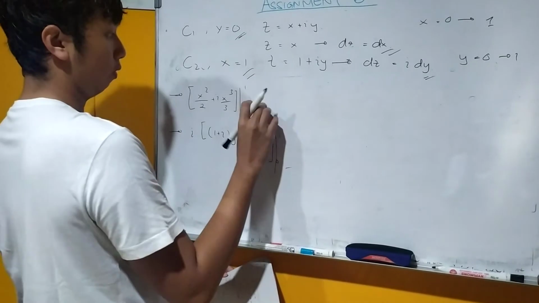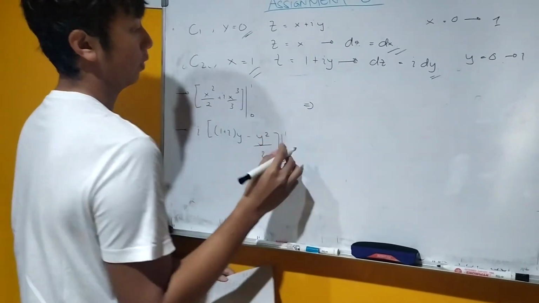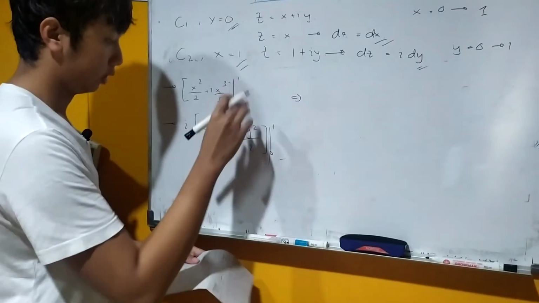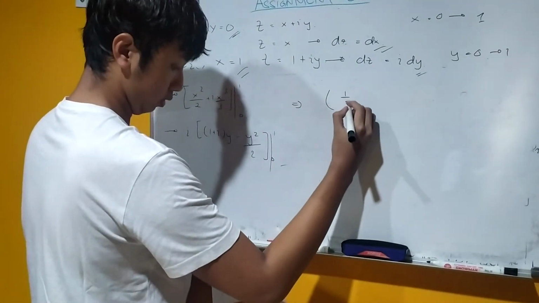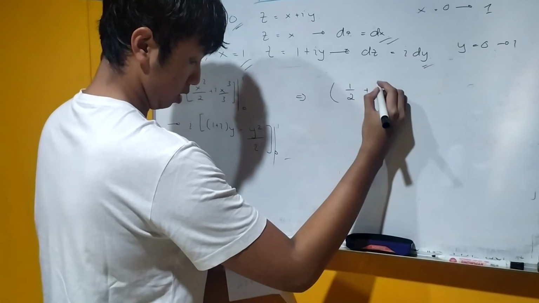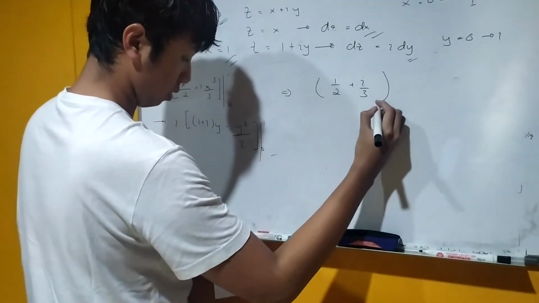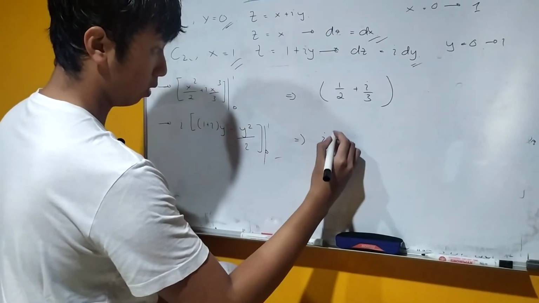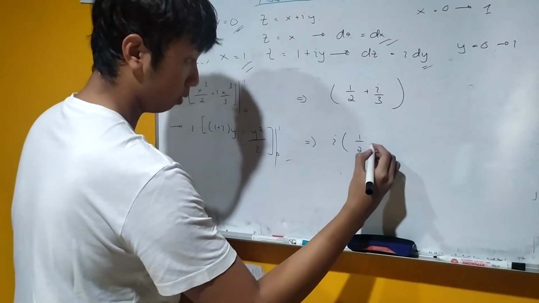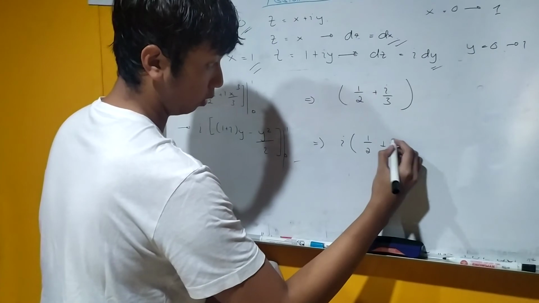After we substitute the limits from both sides, we will get 1 over 2 plus i over 3, and for this one we will get i times (1 over 2 plus i).